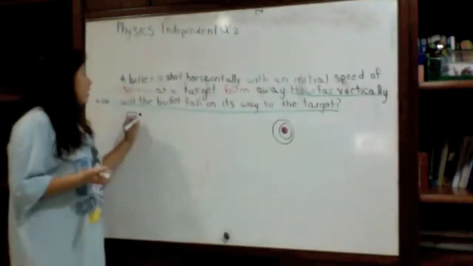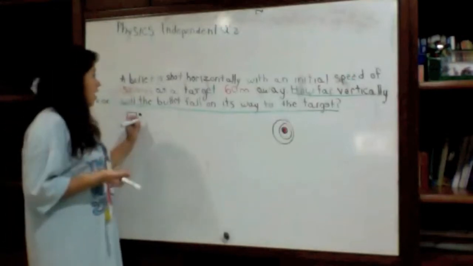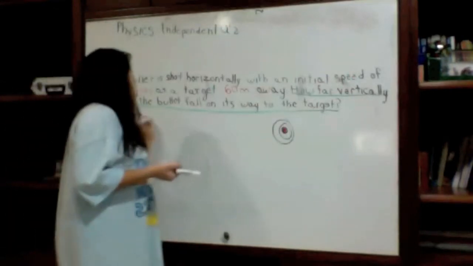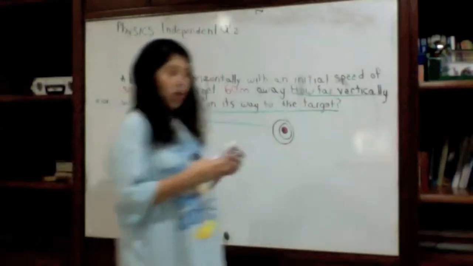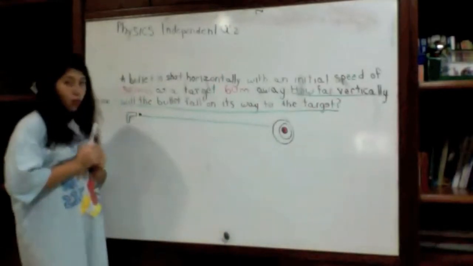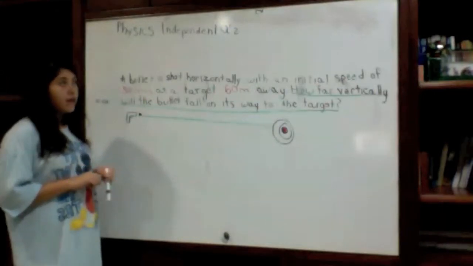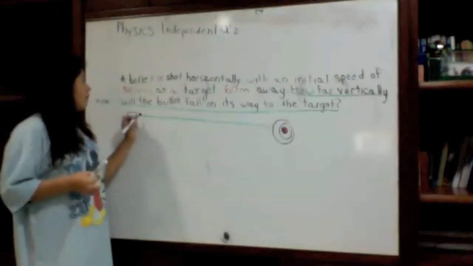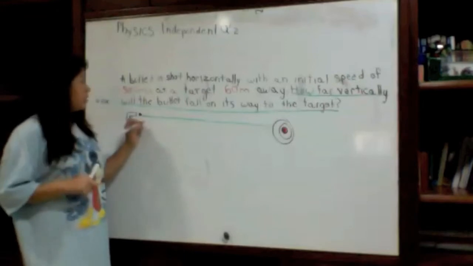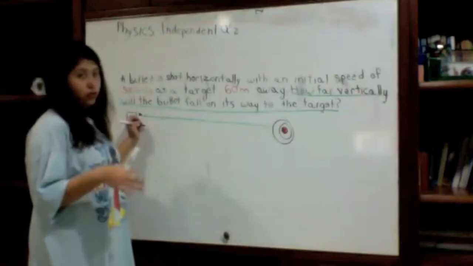The bullet travels horizontally, so we draw a horizontal line towards the target. But we know that the bullet is going to be affected by gravity, so it's going to go a little bit downward. So I'm going to do this exaggerated.